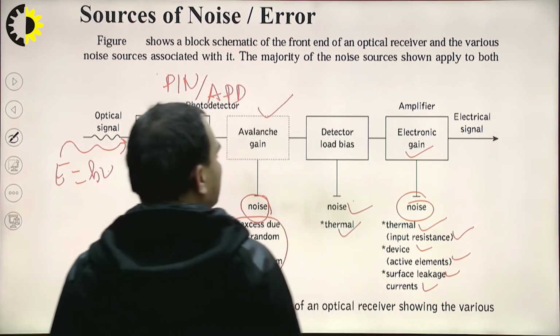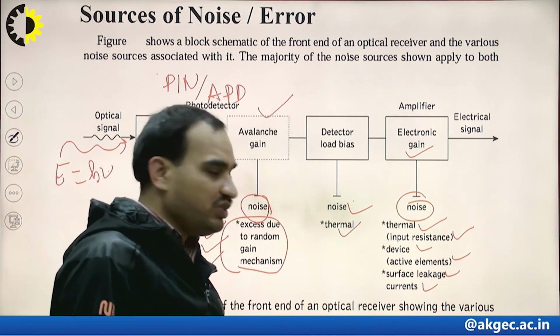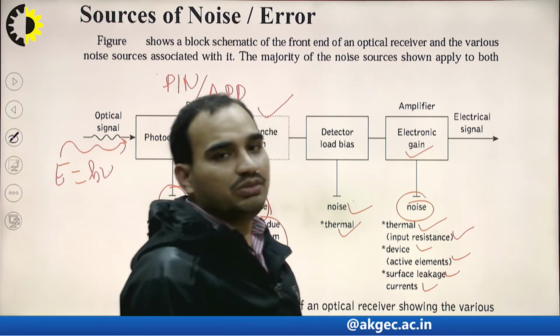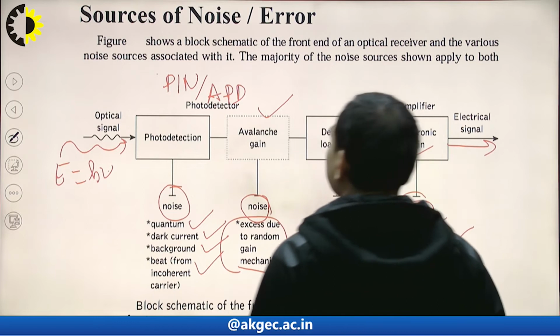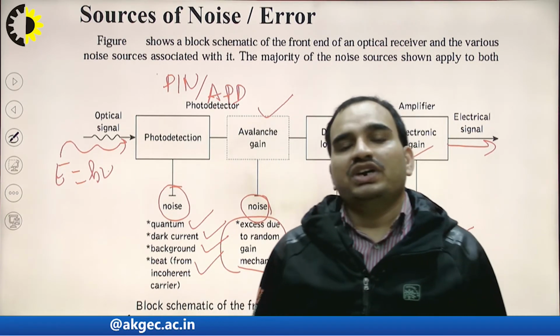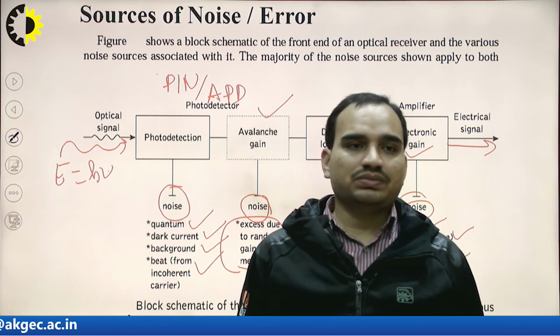So these are the three main components of the noise in the electronic gain amplifier, which we have already seen in the various communication systems. So the output is the electrical signal. So these are the sources of the noise in the receiver, or you can say the optical receivers.